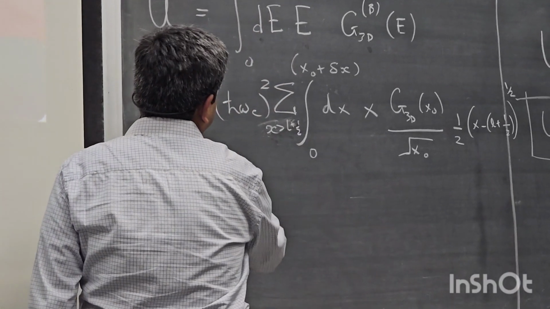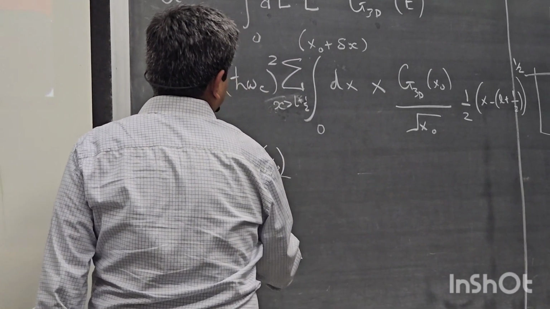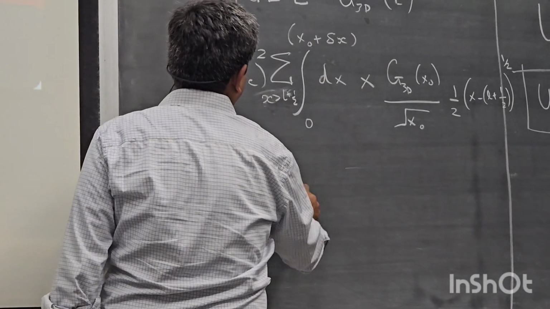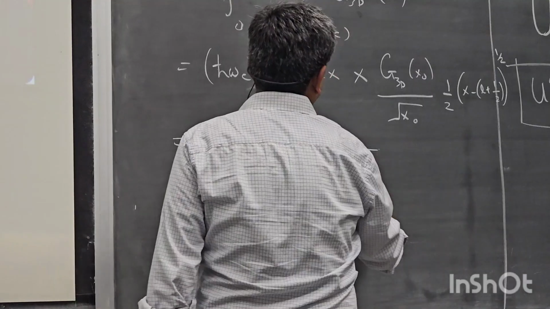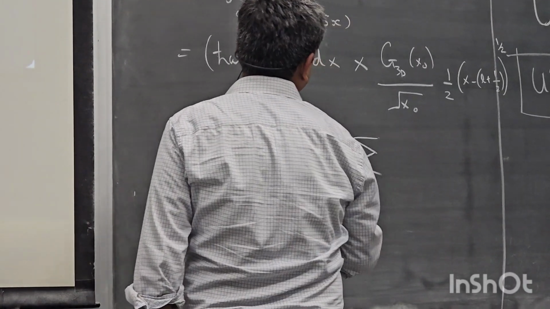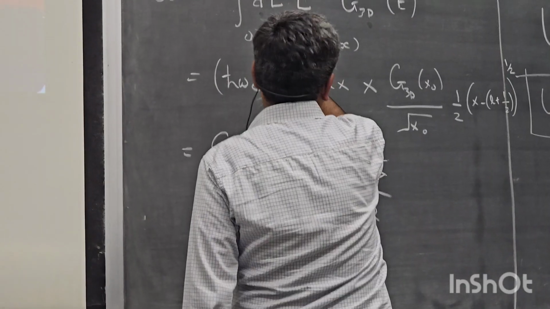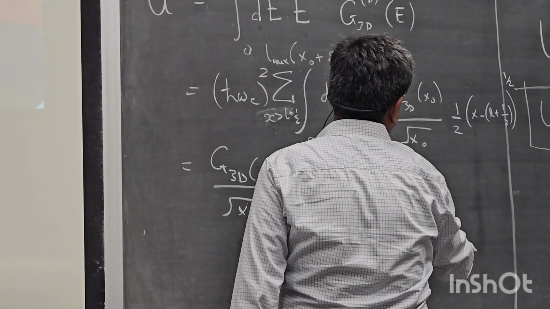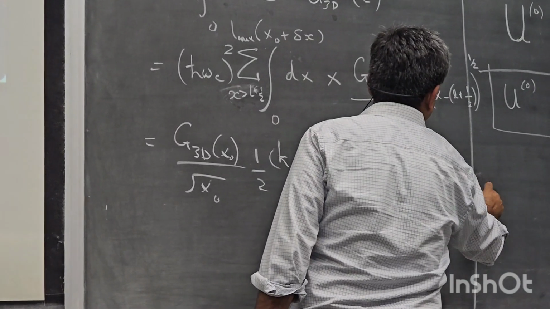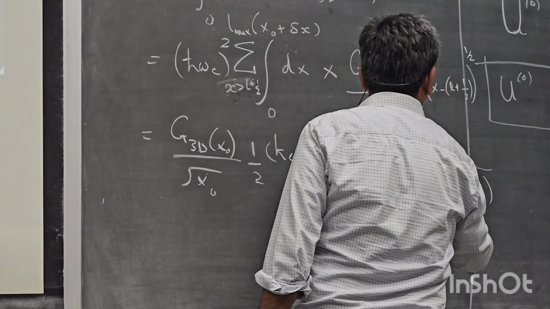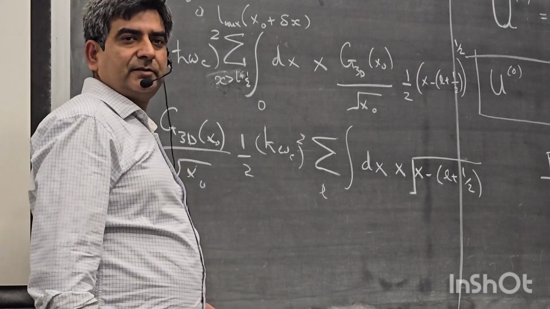So G3D x naught, 1/2 (h bar omega c) squared, summation over L's, up to L max at the top, integral of dx x over the square root of x minus L plus half. Right? So this is what I really need. I need to compute this integral over here.